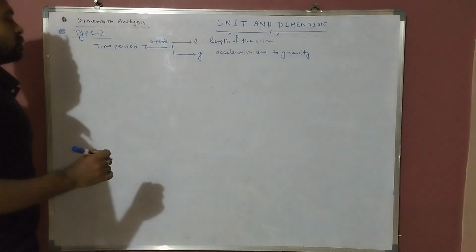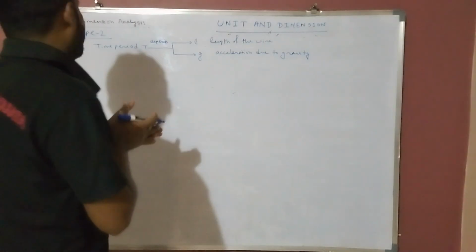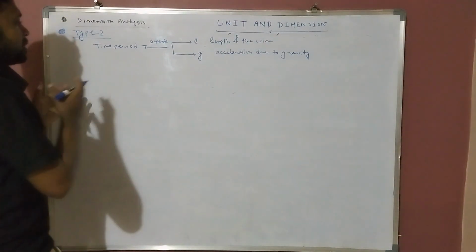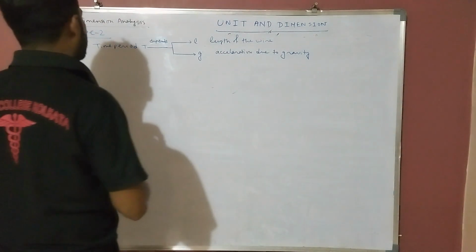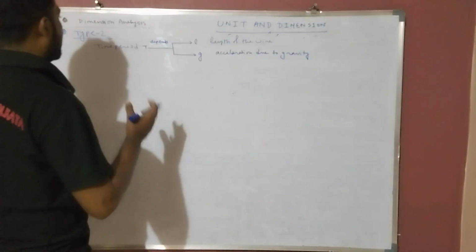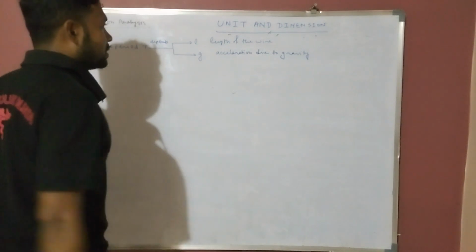So this is the question. You have to find out the mathematical expression of time period. What will be the mathematical expression of time period? We have to find out by dimension analysis.